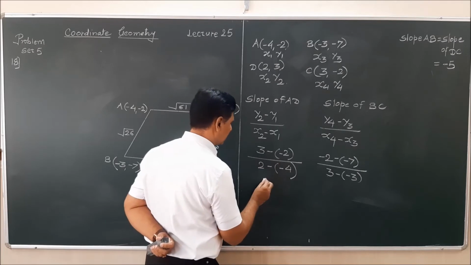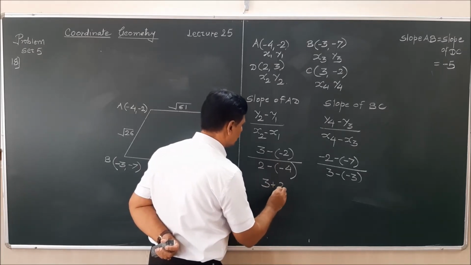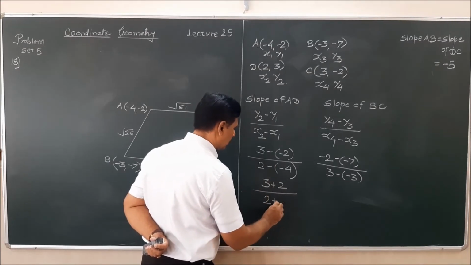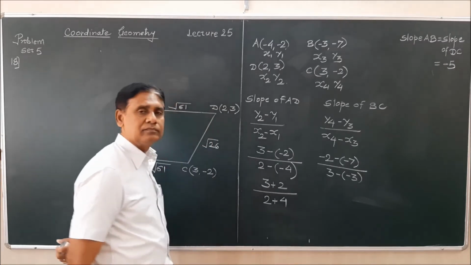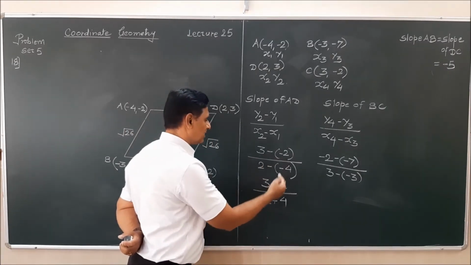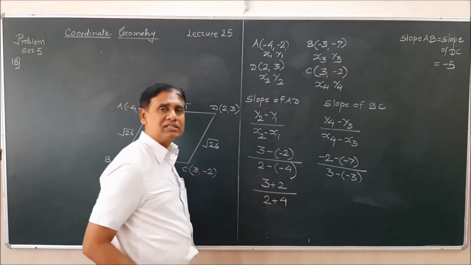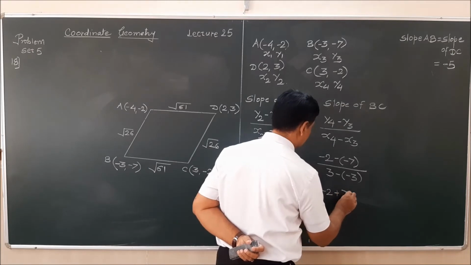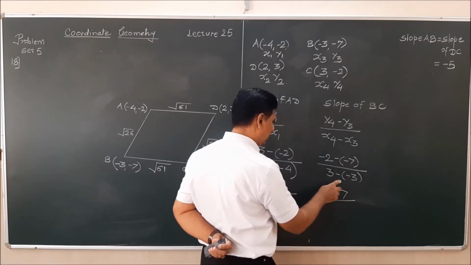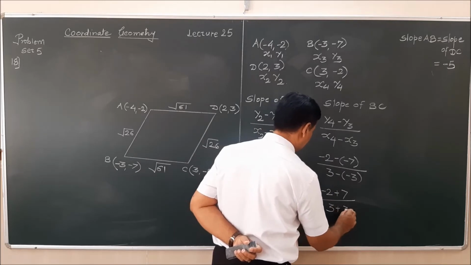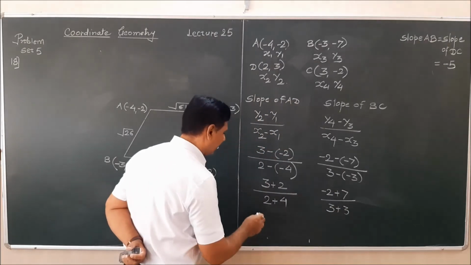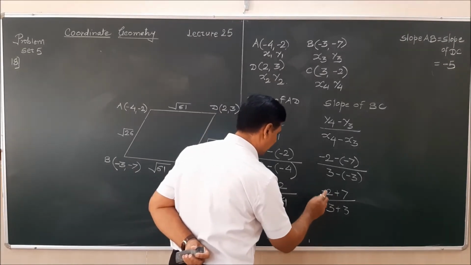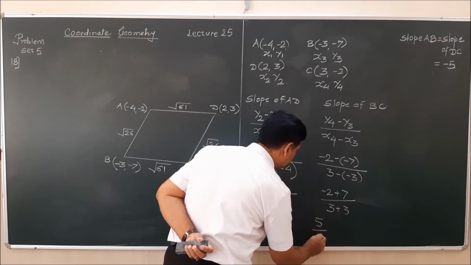Minus into minus is plus. So 3 plus 2, and here 2 plus 4. Then this side minus 2 plus 7 upon 3 plus 3. That gives us 5 upon 6. And here also 5 upon 6.